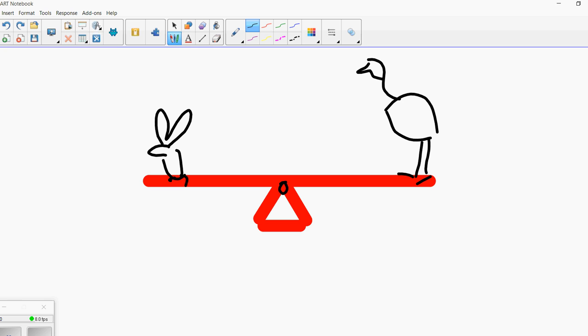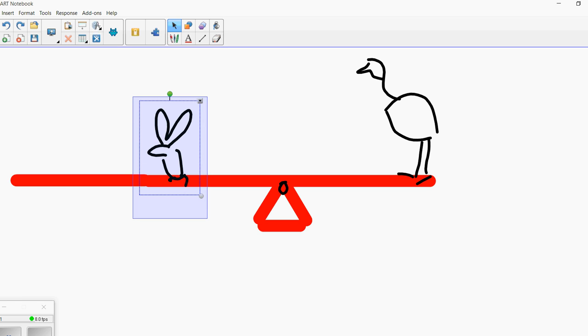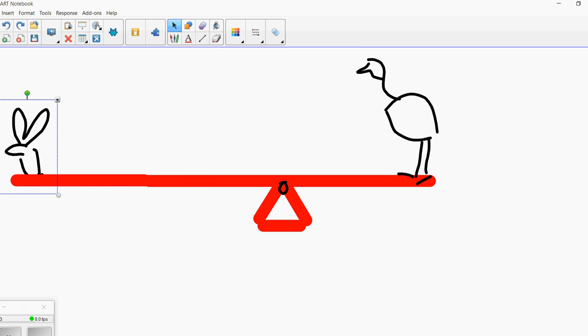Now, if they are at exactly the same distance, we already understood in class that they will balance. But what will happen when one of the distances is a lot larger? Let's say, for example, we continue this beam and we take the rabbit and we put it over here. Then will it balance or not?